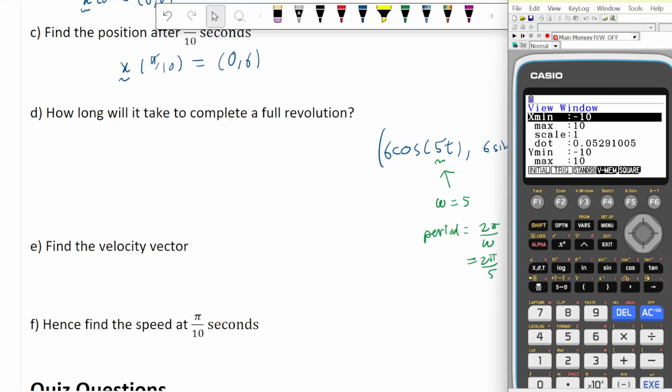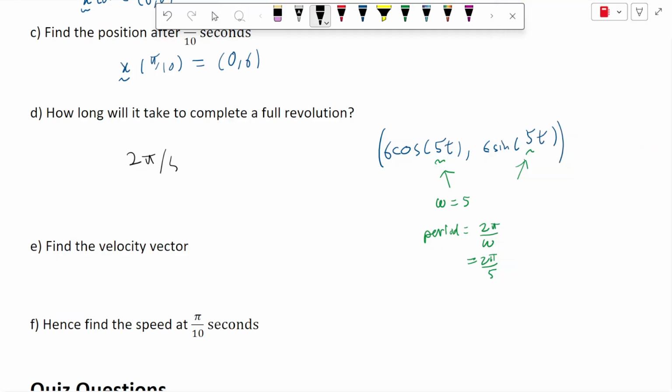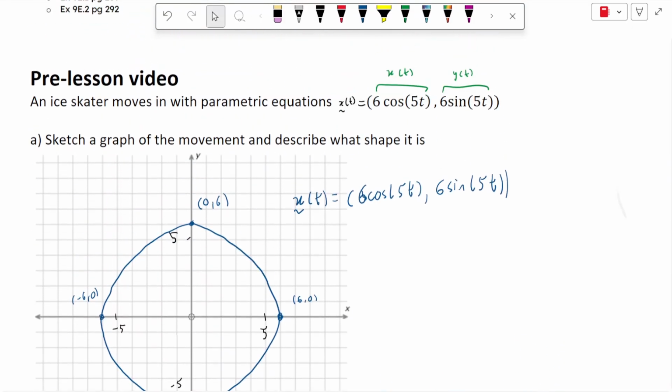And then if I go from my window and go 2 pi over 5 perfectly, it should only just barely draw the whole thing. There we go. And if I go trace and I type 2 pi over 5, then we can see that it does have that right point, and that's a full revolution. So 2 pi over 5 seconds. It's a very quick ice skater.